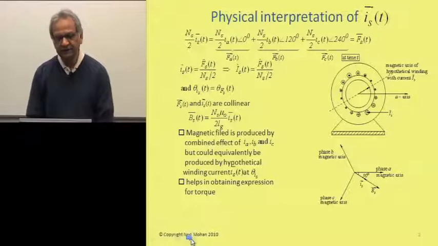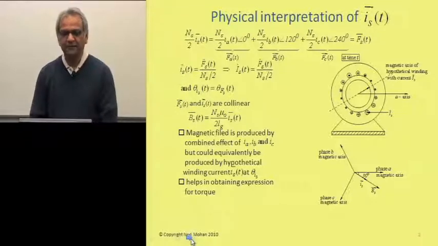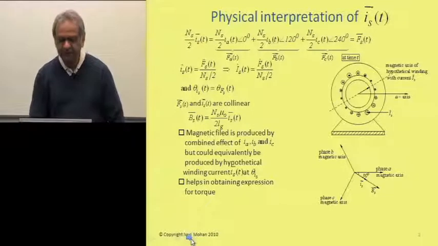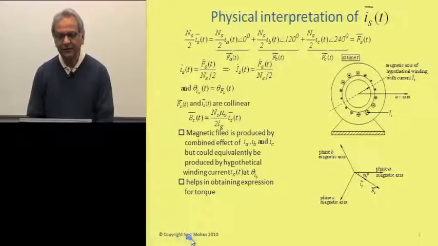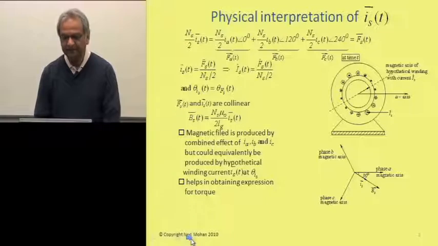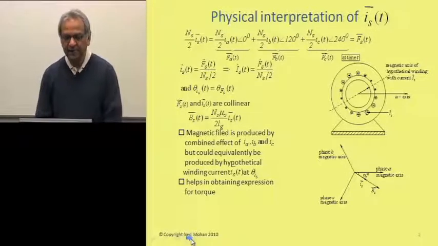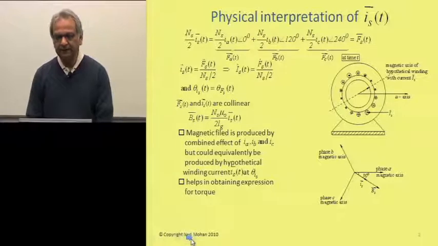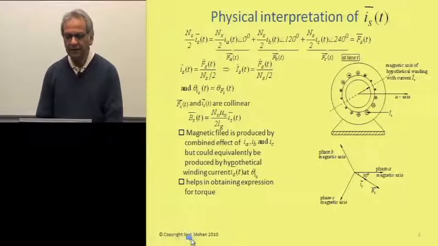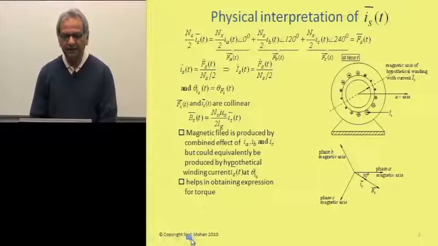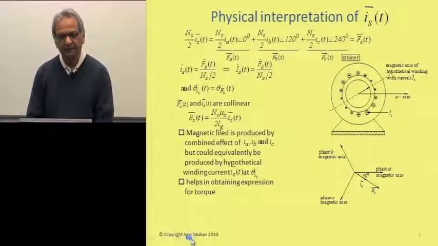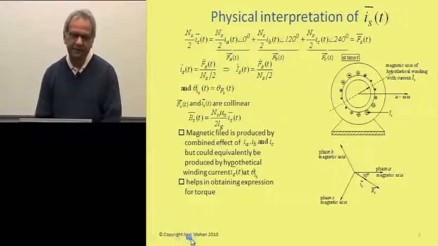Doing that gives us the MMF, as you can see from this first equation, the MMF associated with each of the phase windings, MMF that is impressed on each of the air gaps, and then when we sum them up, that gives us the combined stator MMF, F sub s.